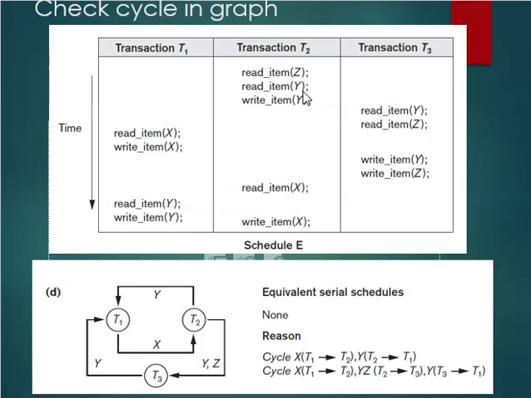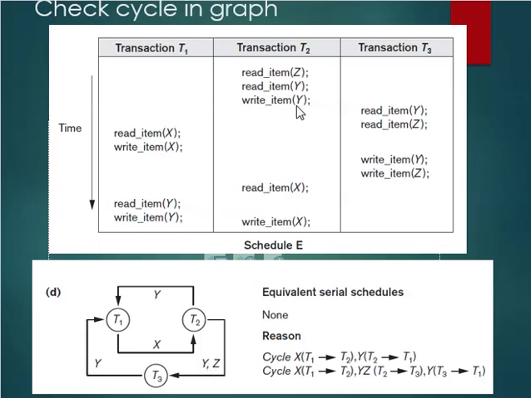While checking, you can see firstly in T3 there is a read item of Y, so they are not creating any conflict, but later we can see there is a write item of Y. So the read item of Y in T2 makes a conflict with write item of Y. So you have to draw a line from T2 to T3 for Y. The edge is already there, so you just need to mark the data item. So Y also has to be added to that edge.